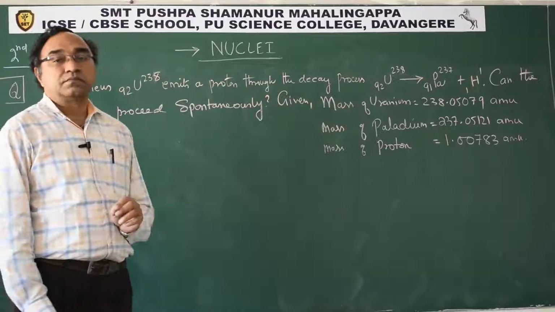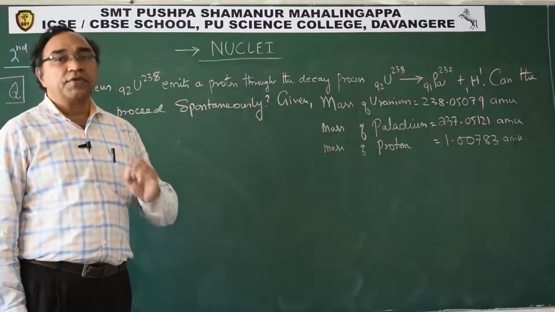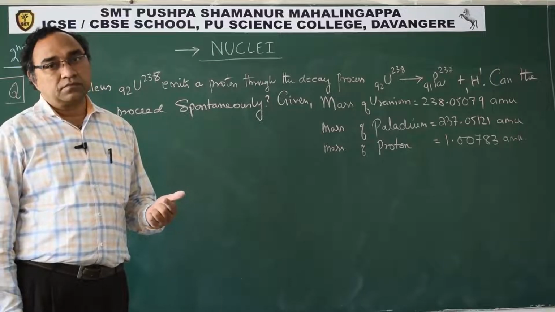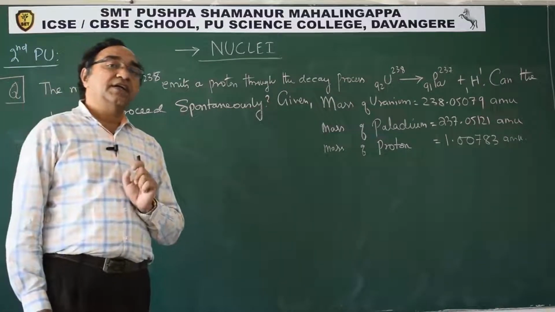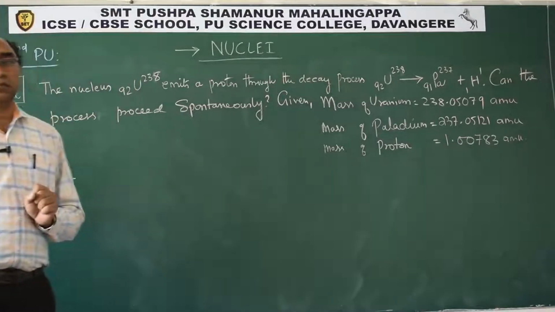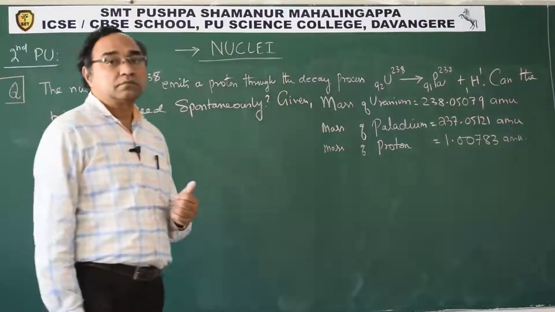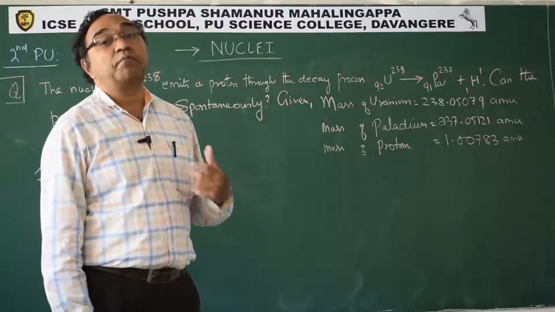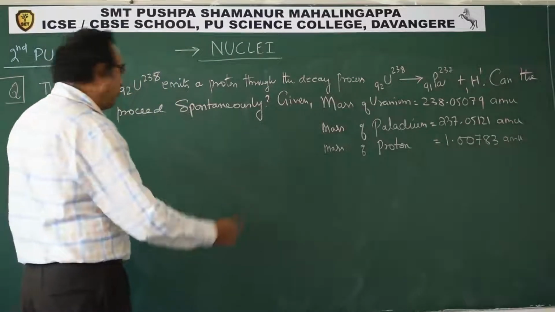Now, for a process to go spontaneous, mass defect delta M should be positive. The other way, binding energy that should be positive. So let us try to find out.